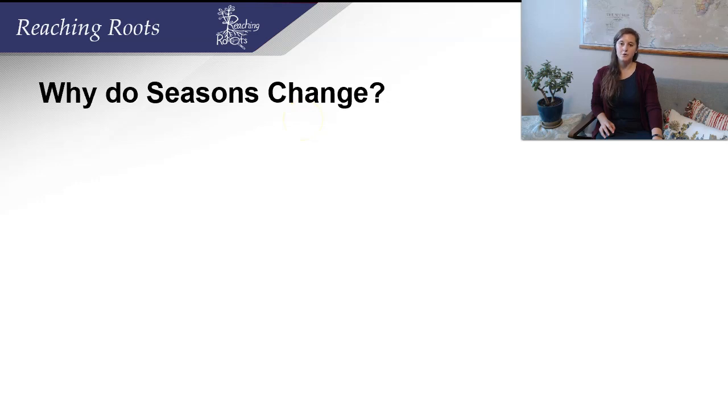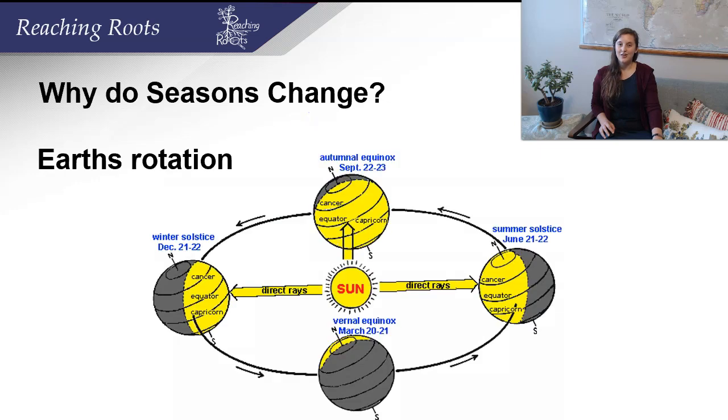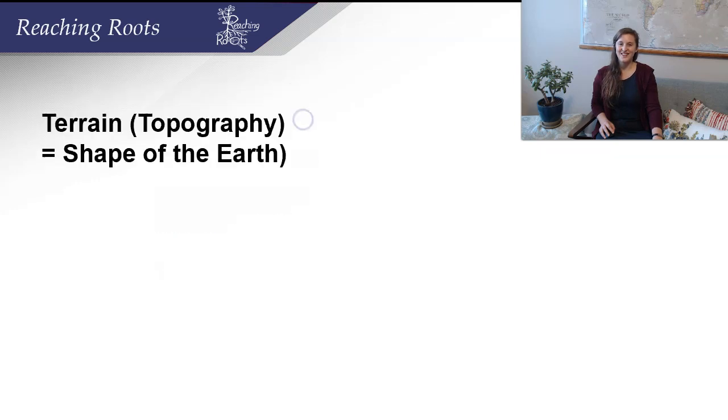And to further talk about how the sun influences the temperature at any given point of time and place, we need to talk about seasons. Do you know why seasons change? If you said the Earth's rotation, you're correct.